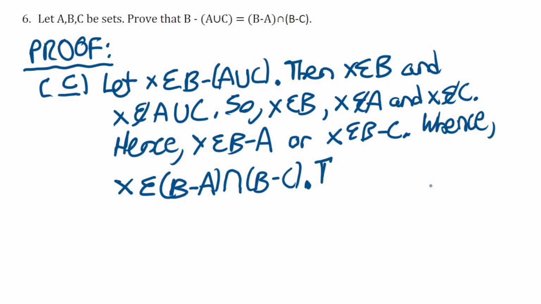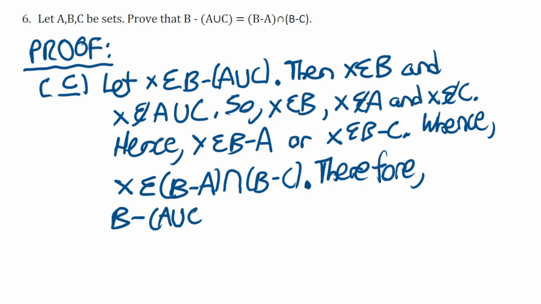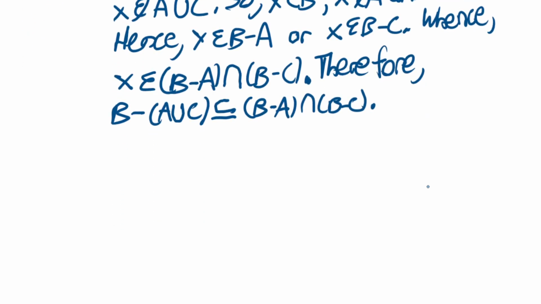So therefore, the difference of B minus A union C contains the difference of B minus A intersection the difference of B minus C. All right, now let's show reverse containment.